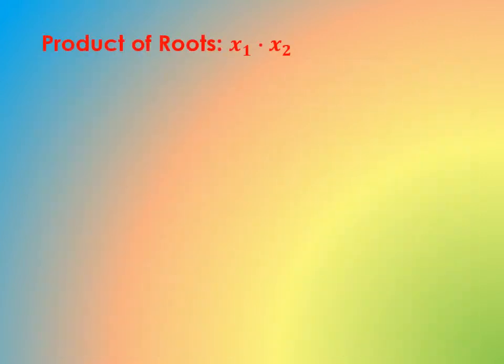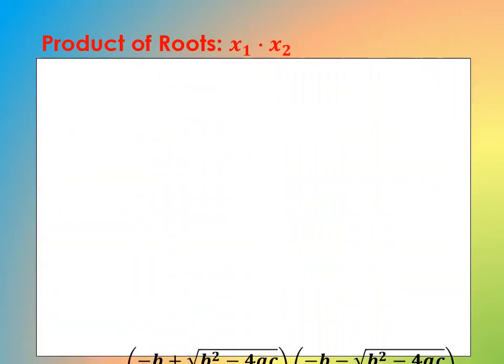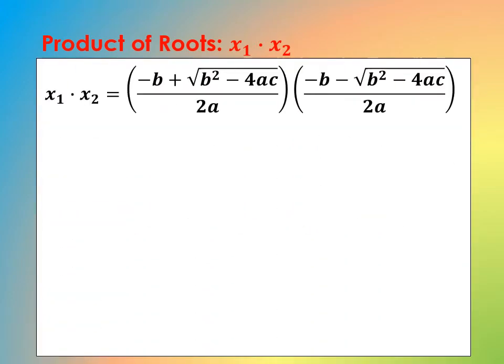So, to derive for the formula of product of roots, we have x sub 1 times x sub 2. So, ang ating x sub 1 is negative b plus the square root of b squared minus 4ac over 2a, times ang ating x sub 2, that is negative b minus the square root of b squared minus 4ac over 2a.